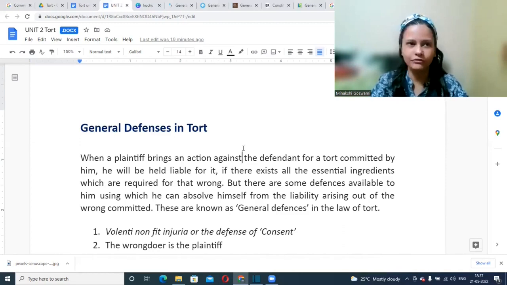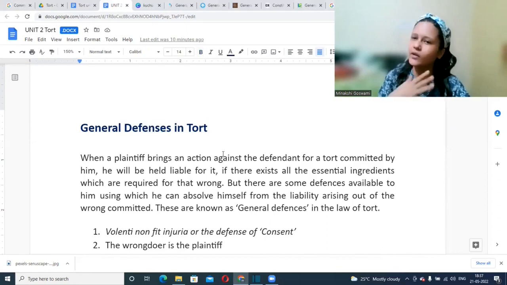After studying unit 1, what we have understood is if these three elements are satisfied, act or omission, legal damage, and legal remedy, we can claim compensation. But even though those three conditions are satisfied, a person goes to the court and files a case, the defendant has an option to seek some defense.